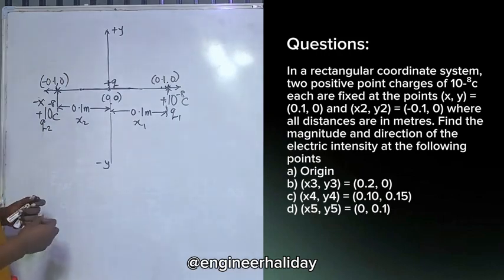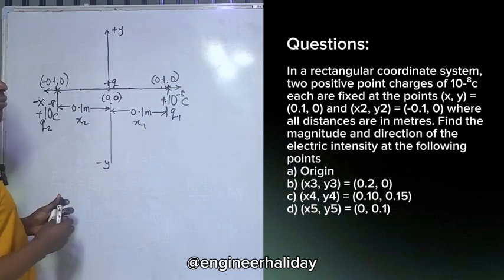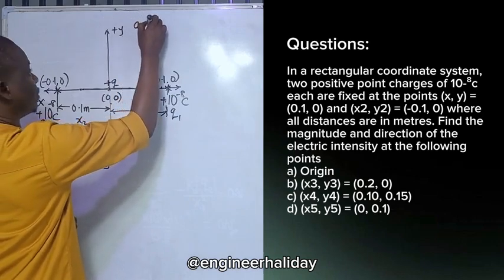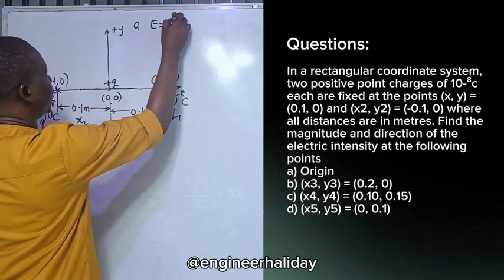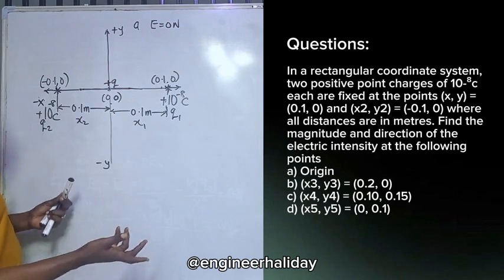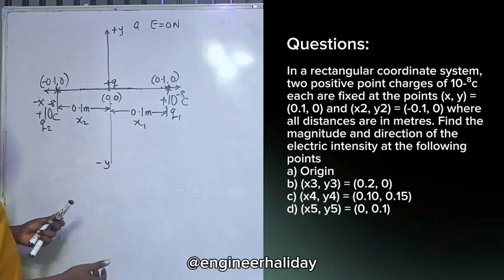Now we have number 2 to solve using the same diagram. Number 2 says find the magnitude and direction. Now don't forget the answer to question A is that the net force is 0. The direction does not exist, because it's not moving anywhere, it's stationary, it's at rest.